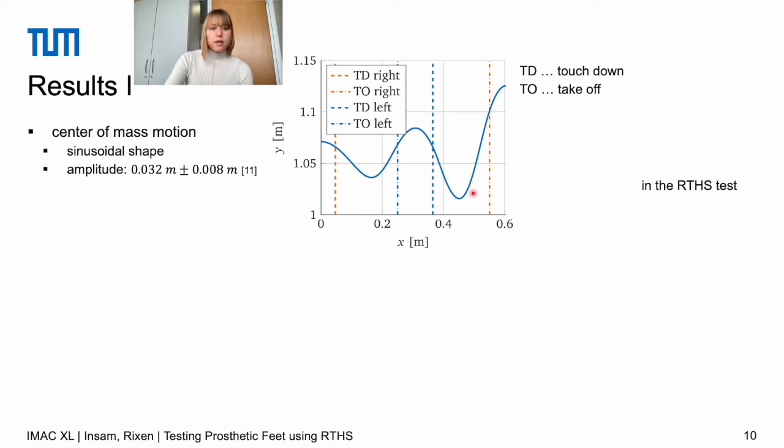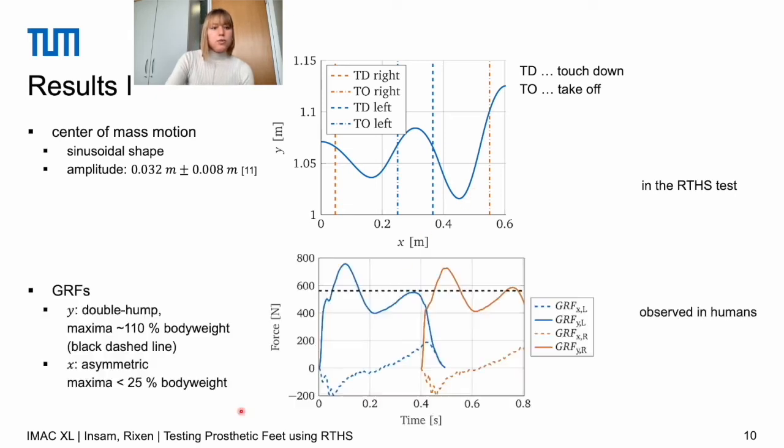Another important gait characteristic are the ground reaction forces. In y direction, they should exhibit an M-shaped profile, and in x direction, they should be point symmetrical with decelerating forces as long as the foot is in front of the center of mass, and we should experience accelerating forces when the body is in front of our feet.